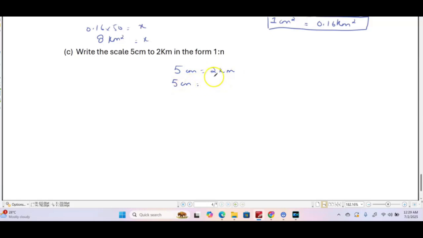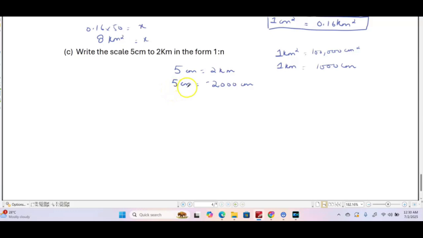Since I just told you that you've got to remember the relationships, that 1 kilometer square is equal to 100,000 centimeter squares and 1 kilometer is equal to 1,000 centimeters. So if we need to convert these 2 kilometers into centimeters, we are going to multiply 2 with 1,000 and this is going to give us 2,000 centimeters.